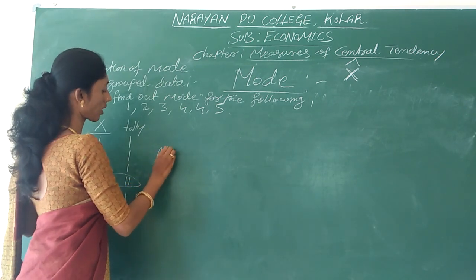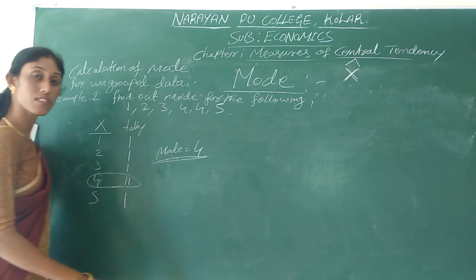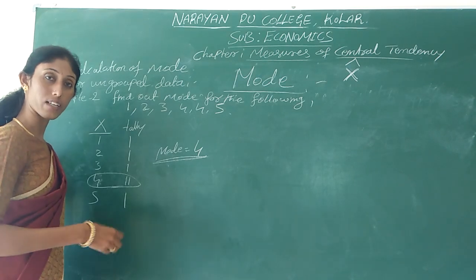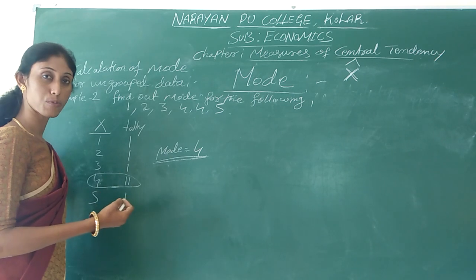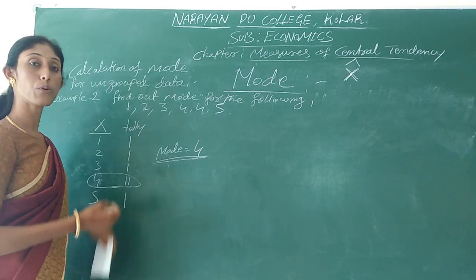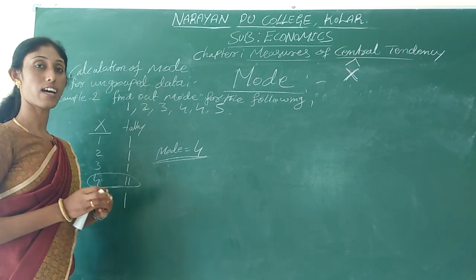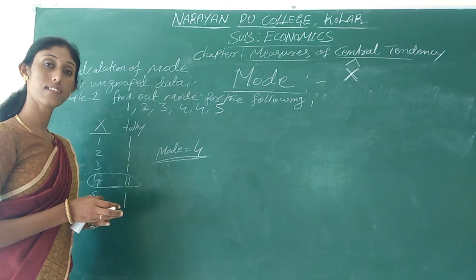Then mode is 4. Got it? This is how to find out or to calculate mode when the data is in individual series. These are ungrouped data. Now we will move to the discussion of calculation of mode when the data is in grouped form, especially in the discrete series.